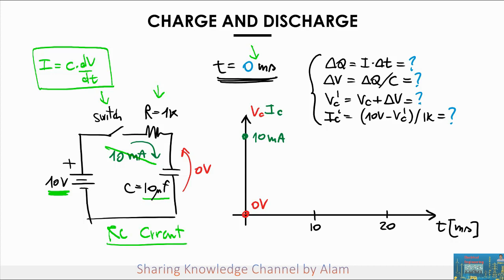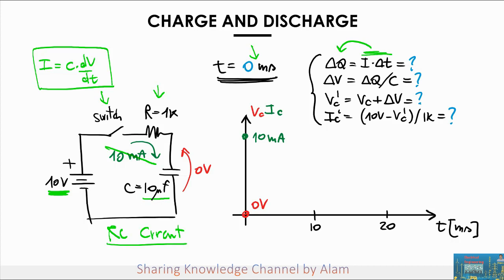The first one you can see here is simply that the current is equal to charge over time. So if you multiply the current by a certain time, you get a certain delta charge. At every step we look at the starting point of the circuit and say, there is a certain current going through it for the time we are considering, and that means there is an additional charge in the capacitor.